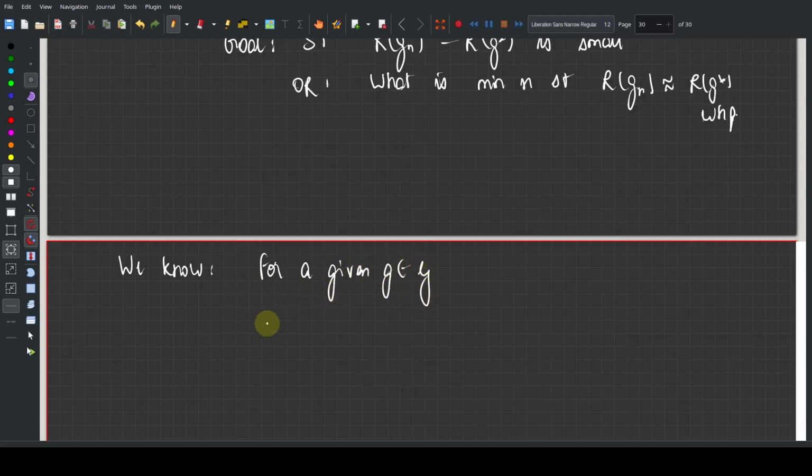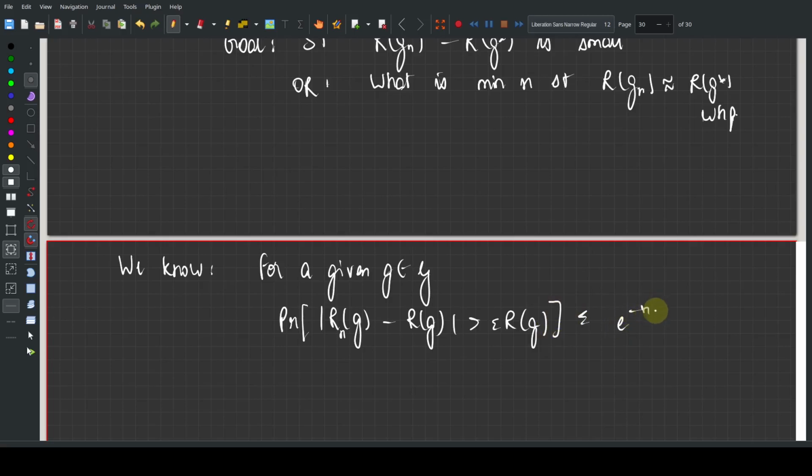For a fixed G, the probability that Rn of G minus R of G is greater than some epsilon is less than or equal to e to the minus n epsilon square times some constant. This is what we have.